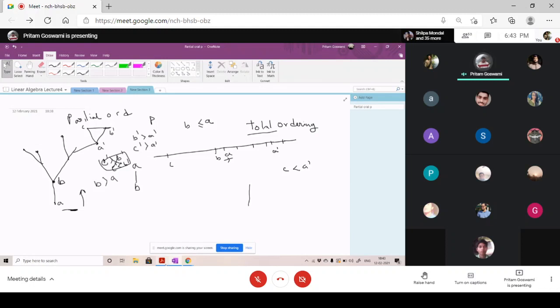You can deduce it from both sides. But if we don't have the structure, how can we say that c is greater than b or b is greater than a? Yeah, I just gave this example for a pictorial view. But if there is a relation, you can always get a partial order through that relation.